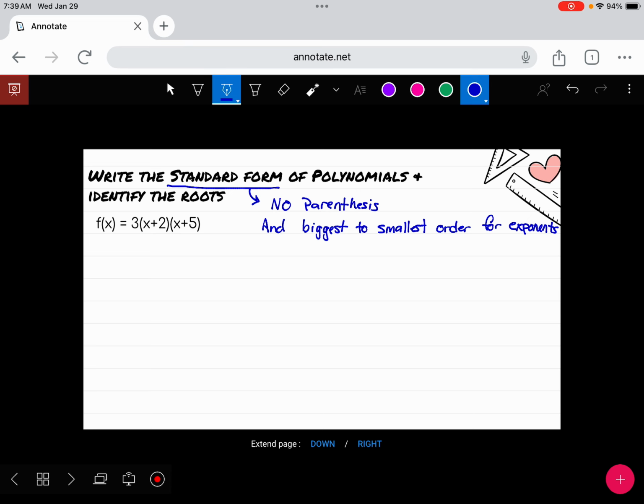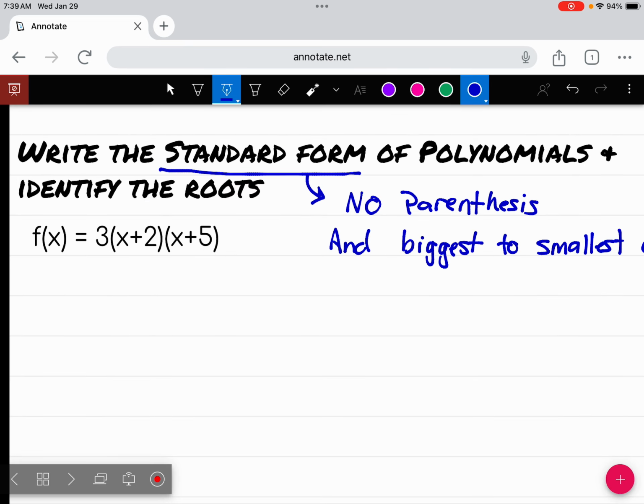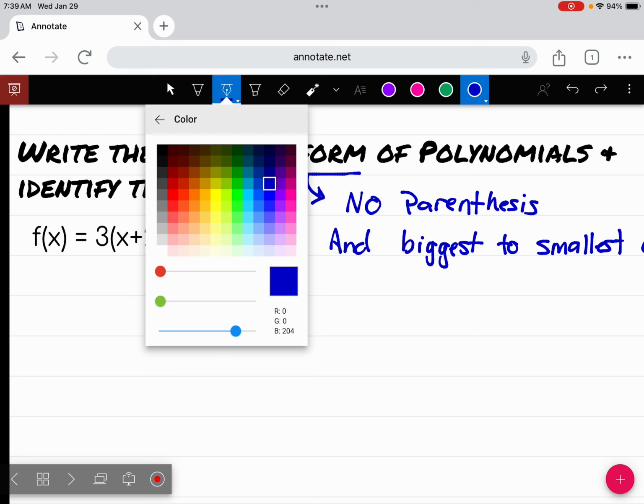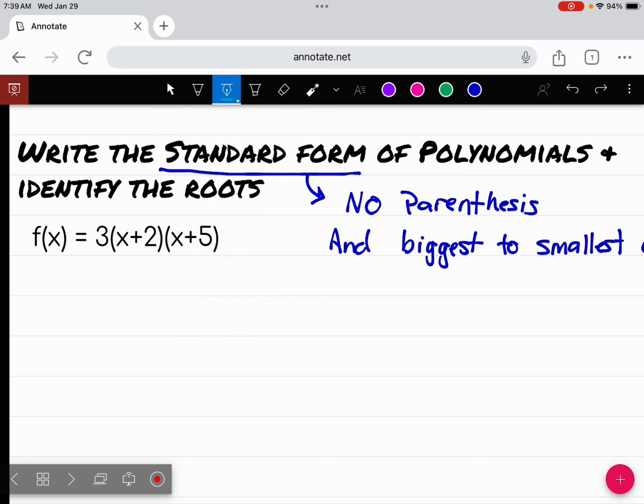So for this one, what do we need to do in order to find the standard form of this guy? Yeah. The 3. You can do it either way. Pick two things to multiply. We're going to have a couple rounds here. You can either take our 3 times the x plus 2, or we can take our x plus 2 times the x plus 5 and then distribute the 3. Either way is fine. I'm going to go with the left to right, but you should get the exact same answer.